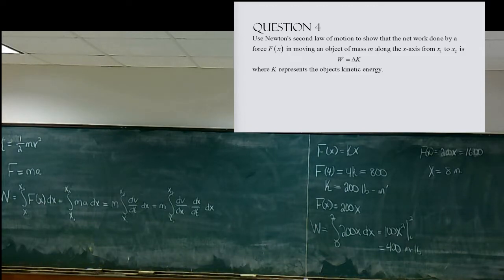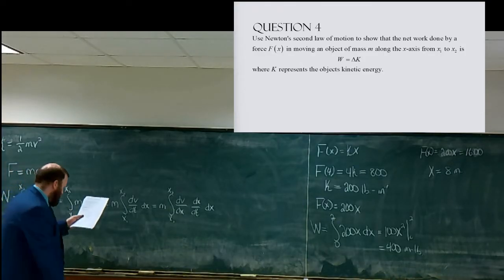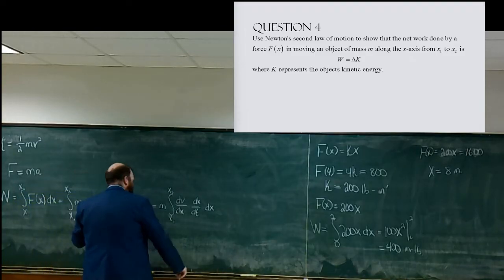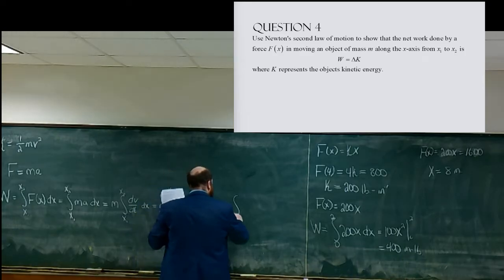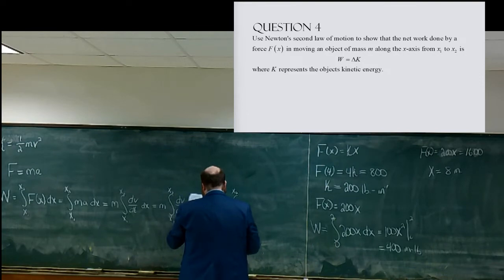The same is true about mass. Mass is technically a function of speed, but speed is a function of time, which means mass is also a function of time. This now becomes, dx/dt is velocity, right?